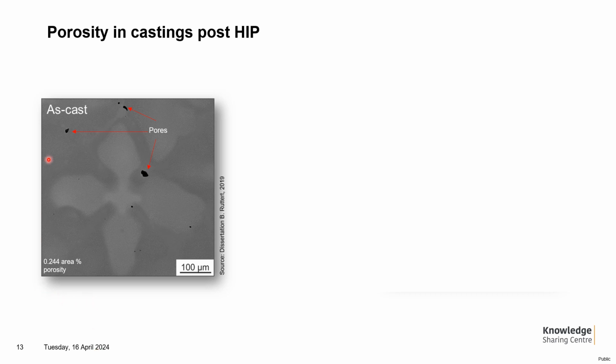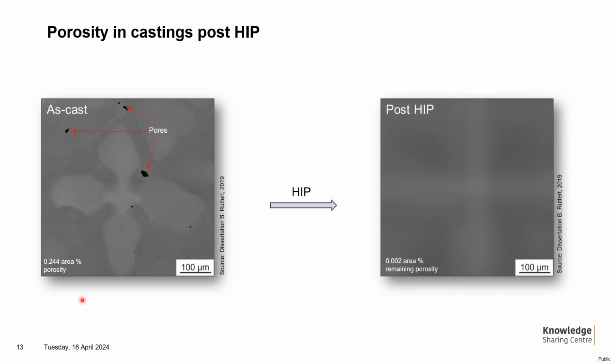On the left-hand side, we have the same micrograph as seen in the slide before, but in addition we have evaluated the amount of porosity in the 2D cross-section. In order to assess the influence of HIP, the same specimen is now shown on the 2D cross-section after HIP. Via SEM in combination with quantitative metallographic evaluation, the beneficial effect of a HIP treatment is now demonstrated.